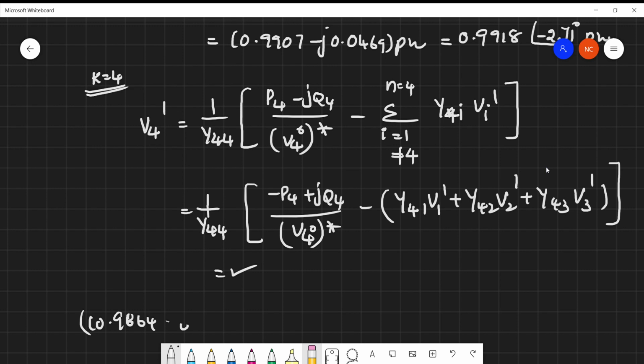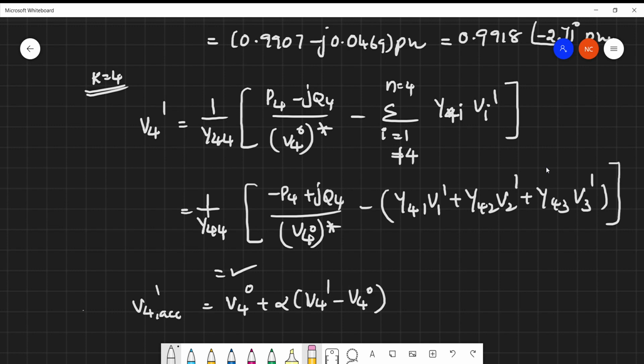Also we were given the acceleration factor, so we will have that formula as well. So V4 accelerated voltage is V4 0 plus alpha into V4 updated minus V4 initial guess.